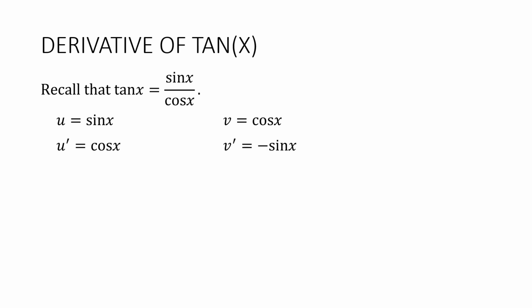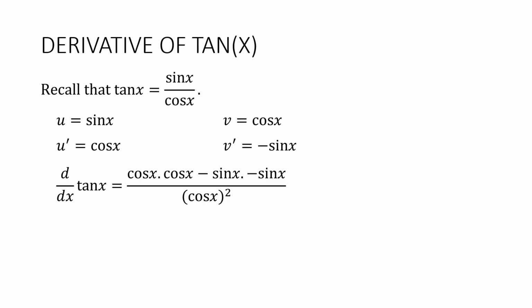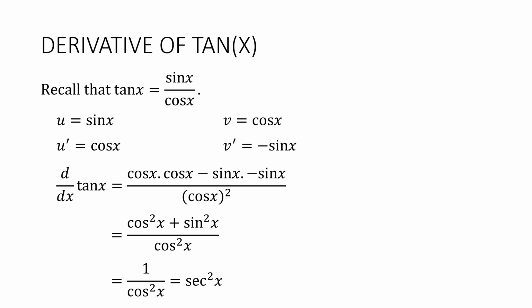Constructing the quotient rule, we have v multiplied by u dashed minus u multiplied by v dashed all over v squared. So let's tidy that up. We've got cos squared x plus sin squared x all over cos x all squared. And cos squared x plus sin squared x is equal to 1. So the derivative of tan x is equal to 1 over cos squared x, or sec squared x.